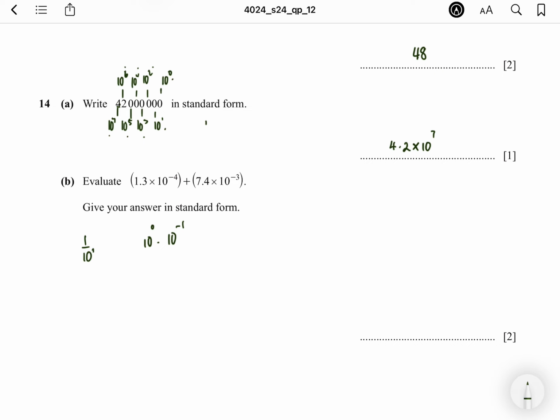Reciprocal. Negative index. You do know this one, right? 10 to the power of minus. Okay. I'll just write it down here, just in case. So this is 10th.